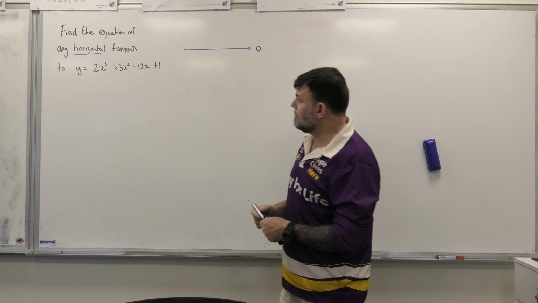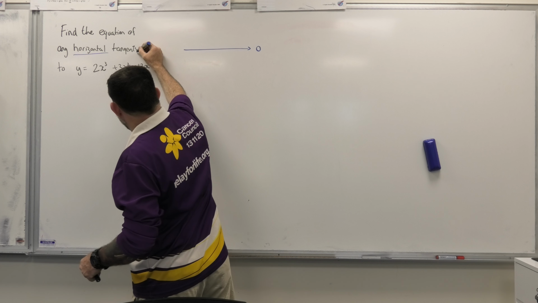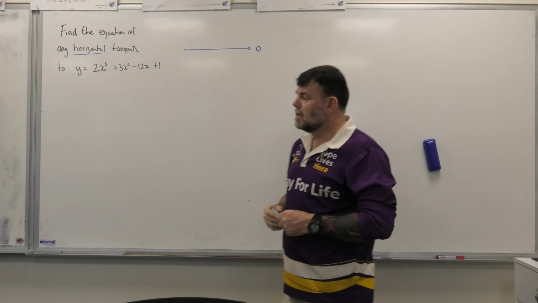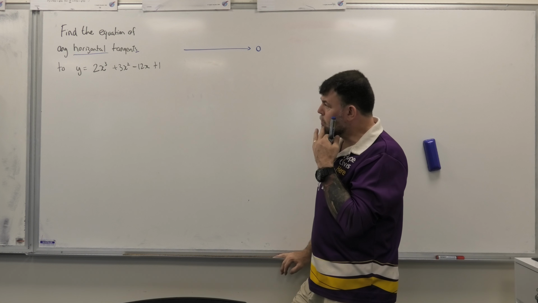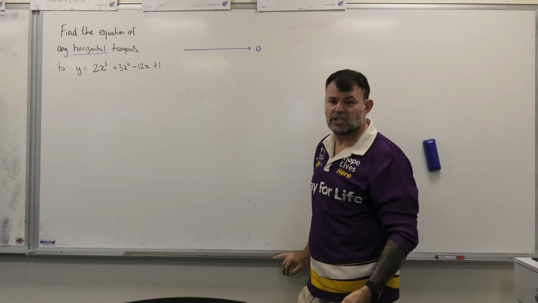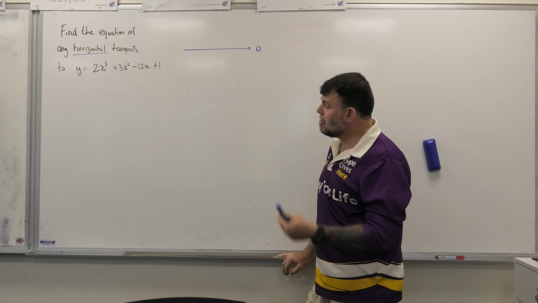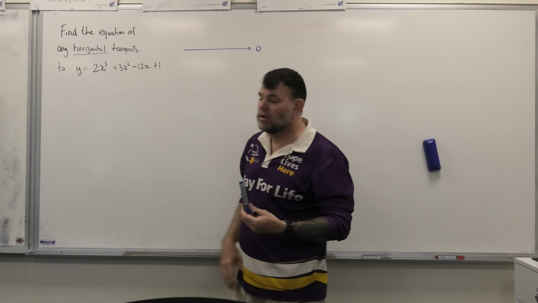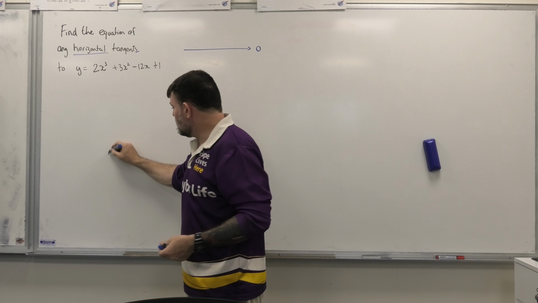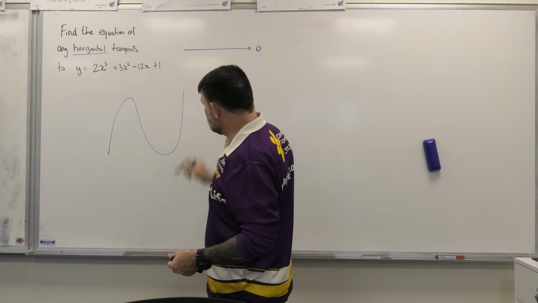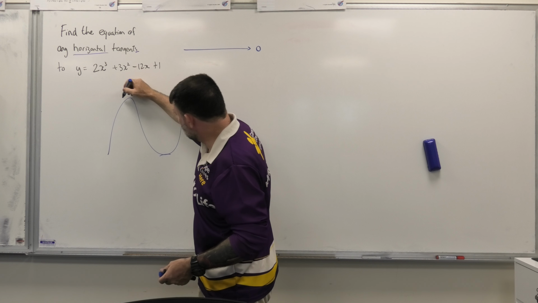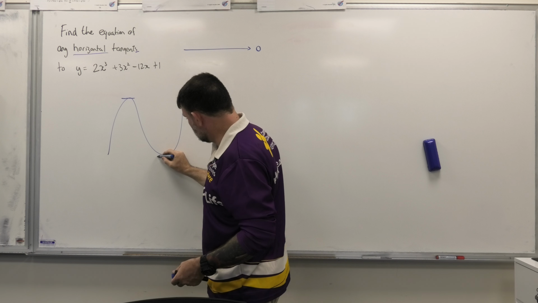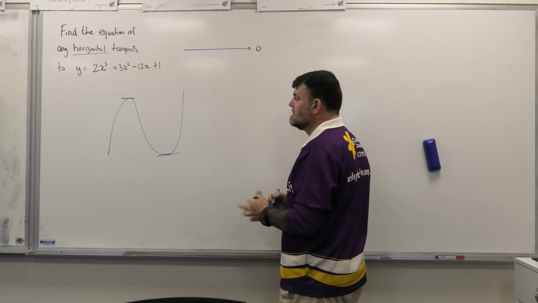Another thing we look at here is that it's got that word "s" in there, okay? So that indicates to me that there could be more than one tangent that's horizontal. And if you think about it, when we look at this type of equation, this polynomial, it's a cubic. And a cubic is going to have, essentially at 2 points, a horizontal tangent where the gradient is going to be 0.